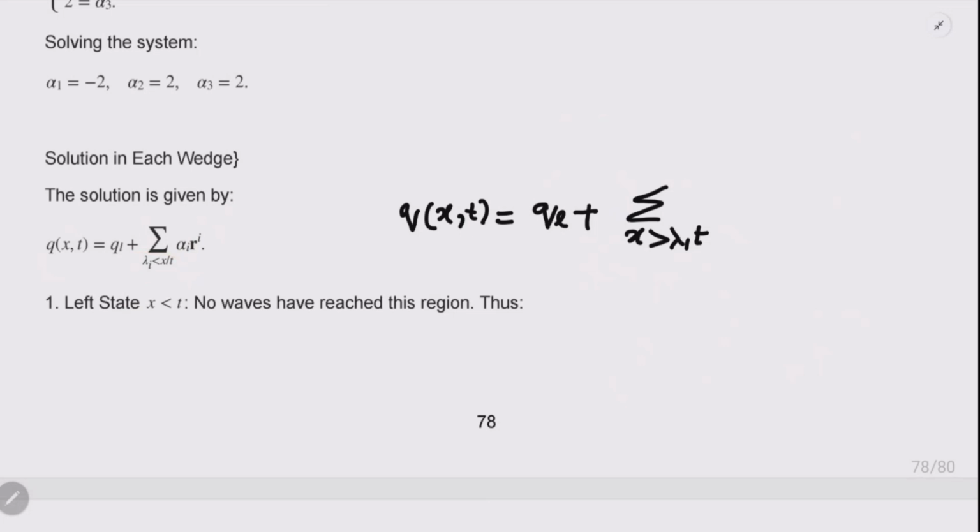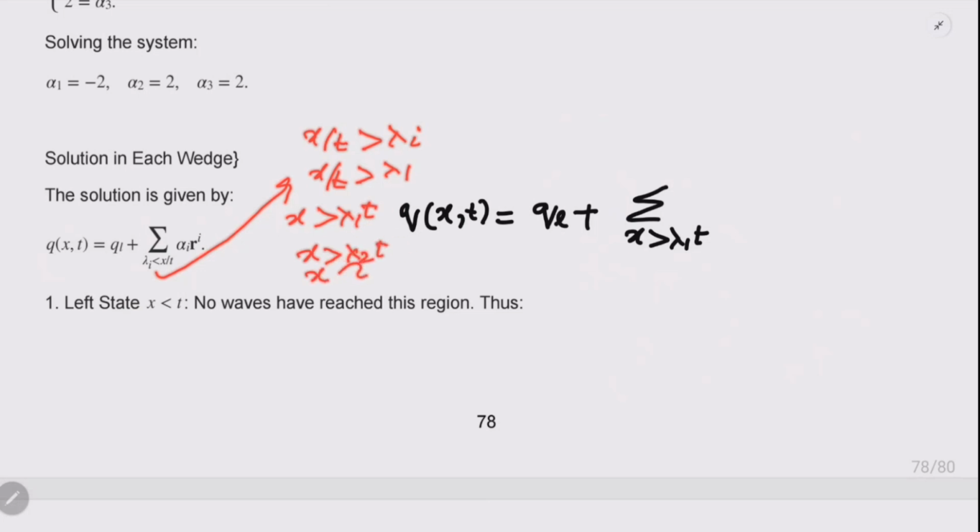So we have x greater than, you just solve it. For example, x over t is greater than lambda i. When we have lambda 1, x over t greater than lambda 1, then x is greater than lambda 1 t. If it is lambda 2, then x is greater than lambda 2 t.